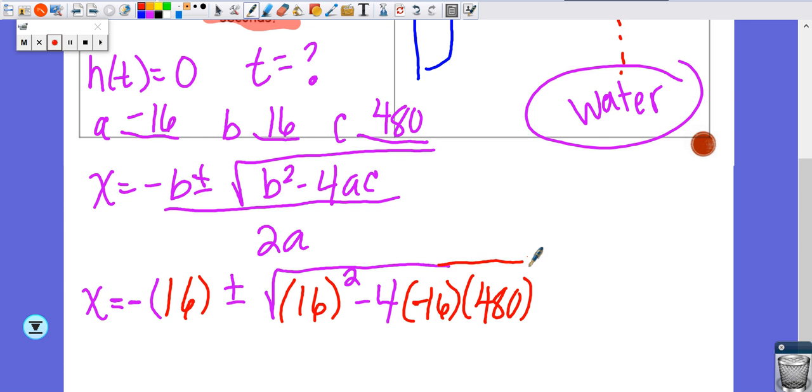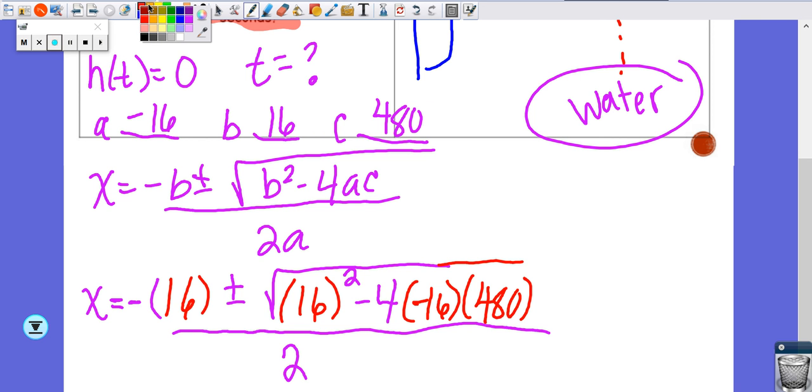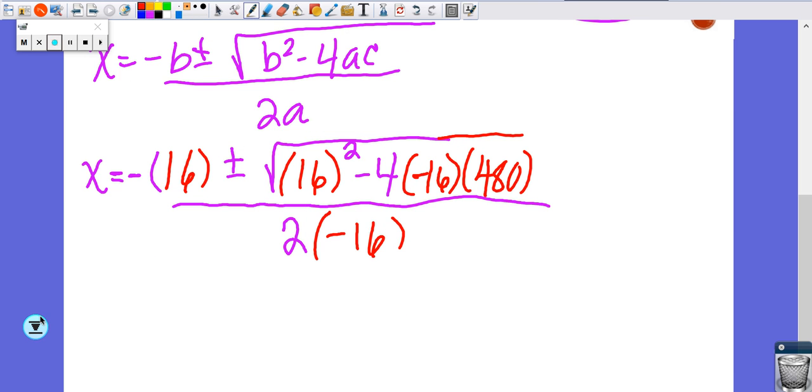All over 2, and then whatever a is, negative 16.